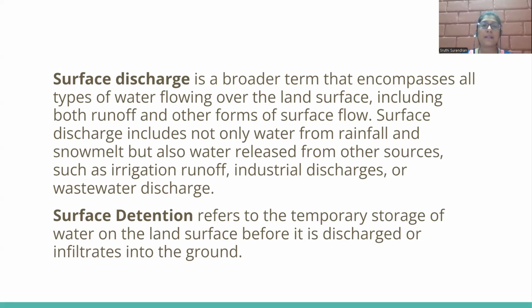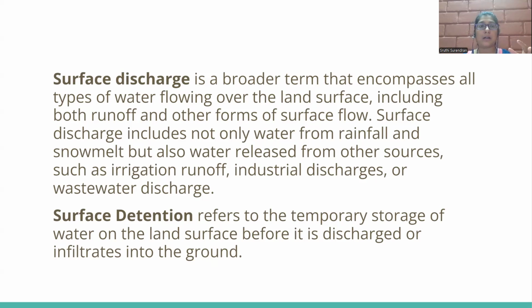So, surface discharge is not just surface runoff. It consists of every kind of water flow that occurs over the surface, like irrigation water discharge, water flowing as a result of outpour from industries, wastewater discharge, storm water discharge.